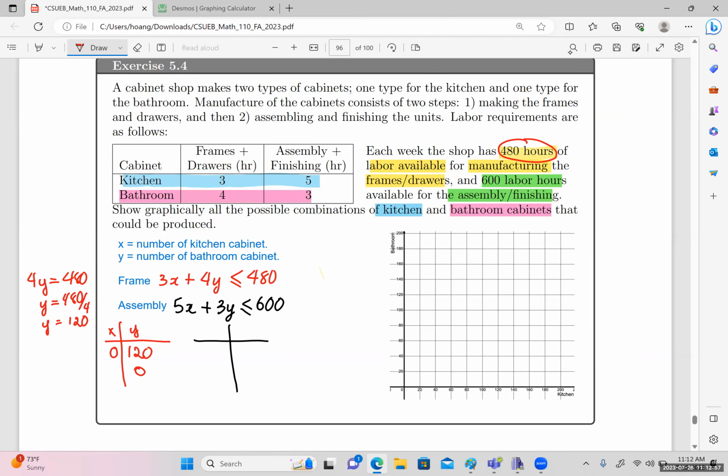And in the case when I have y equals 0, I will have 3x equal to 480. So then x will be 480 divided by 3, which is 160. So put 160 here. So this is all side work, but you can also do that.